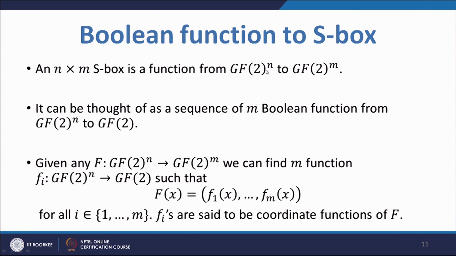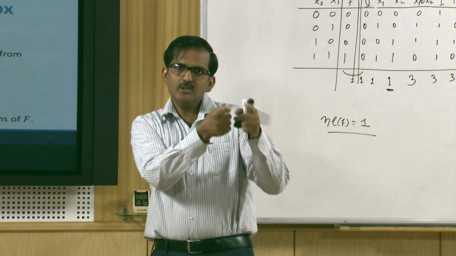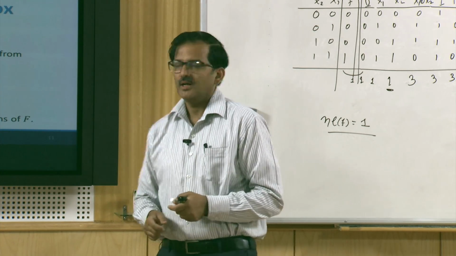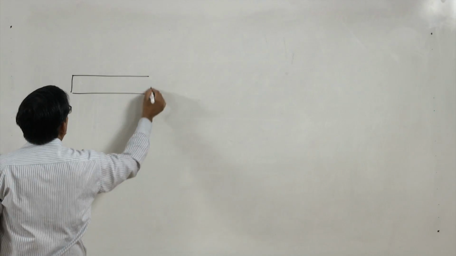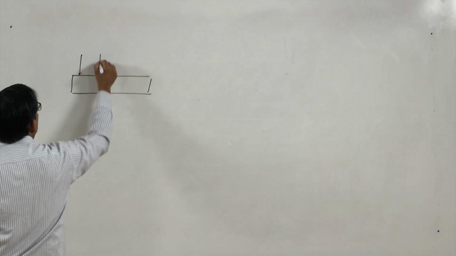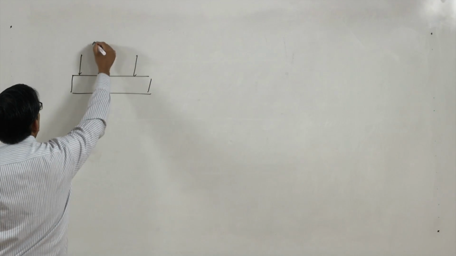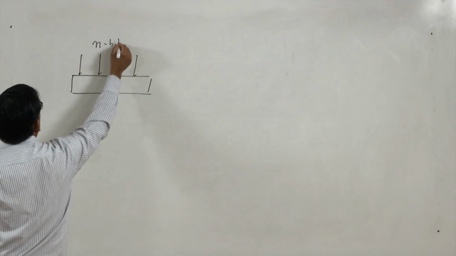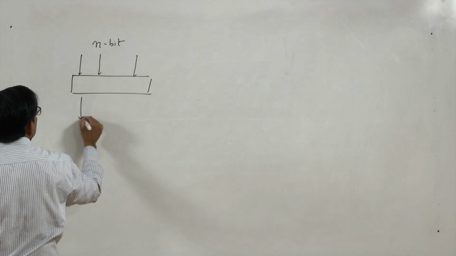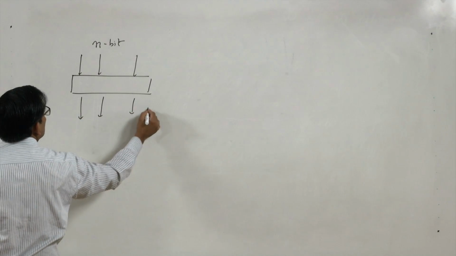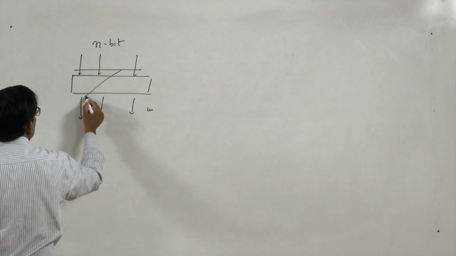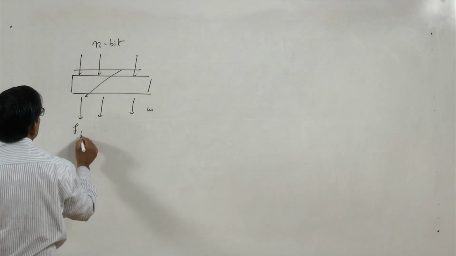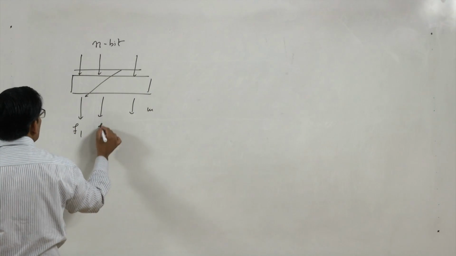and then I can take, so to say, each coordinate function. Let me draw it over here. I have got n bit input and some m bits output. So, what I am doing, I am taking all of these things and concentrating on this. I call it f1 and then I call it f2 and so on.